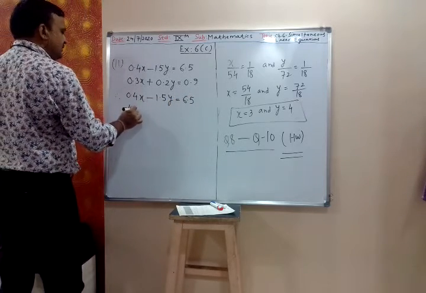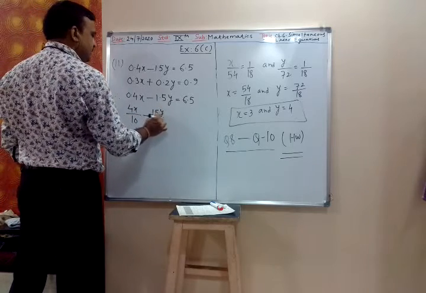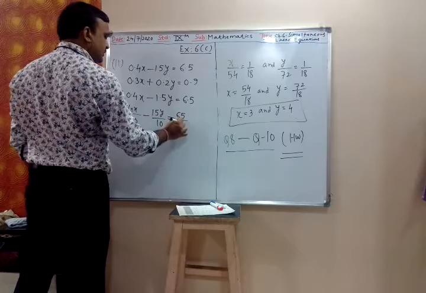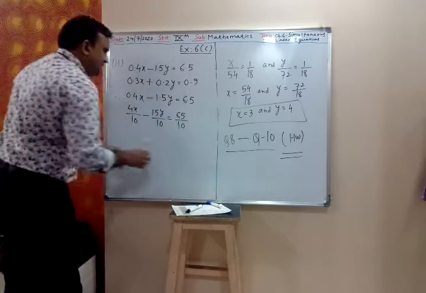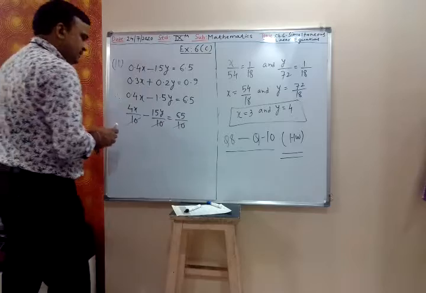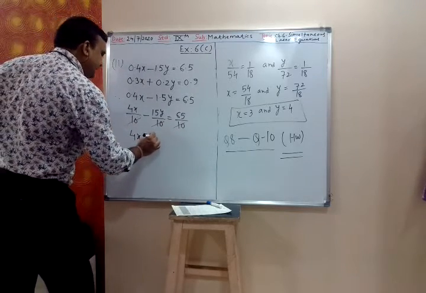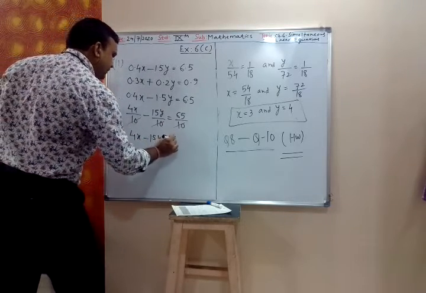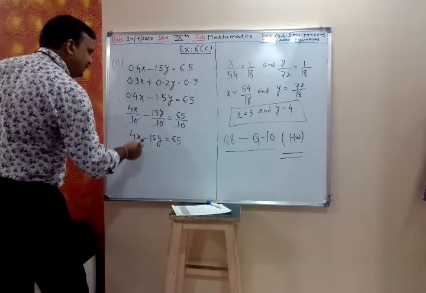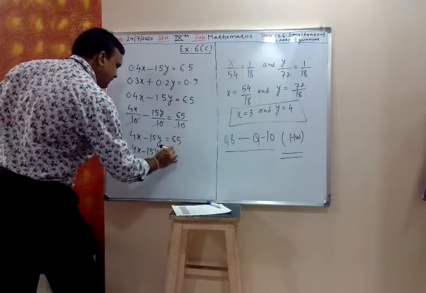So this I write 4x upon 10 minus 15y upon 10 is equal to 65 upon 10. So 10 I can cancel from each side. So you will get 4x minus 15y is equal to 65. So which I can write a1x plus b1y plus c1, 4x minus 15y minus 65 is equal to 0.